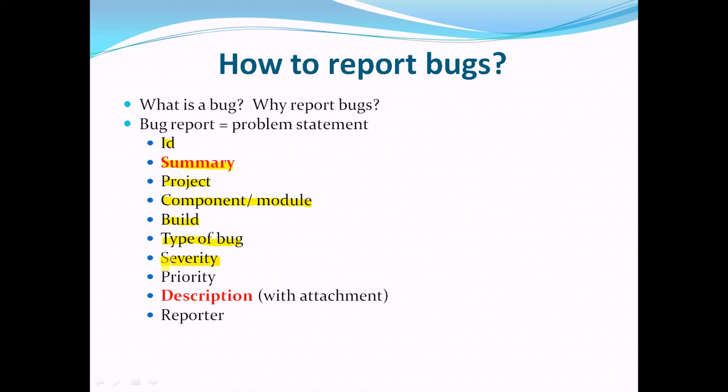So these can be the different severity values. Depending on how severe the problem is, how much it affects the overall system, you can assign the severity value based on your judgment of the severity of the problem.